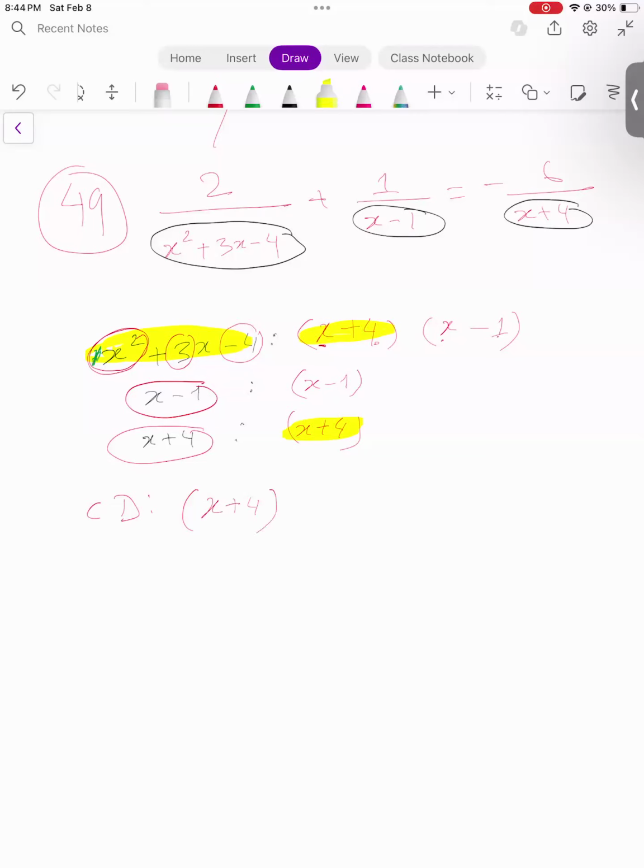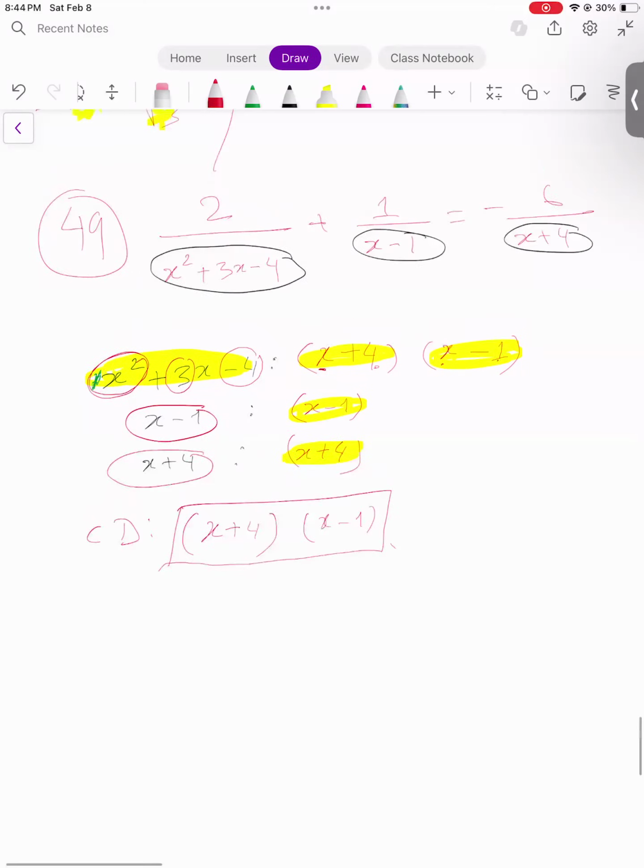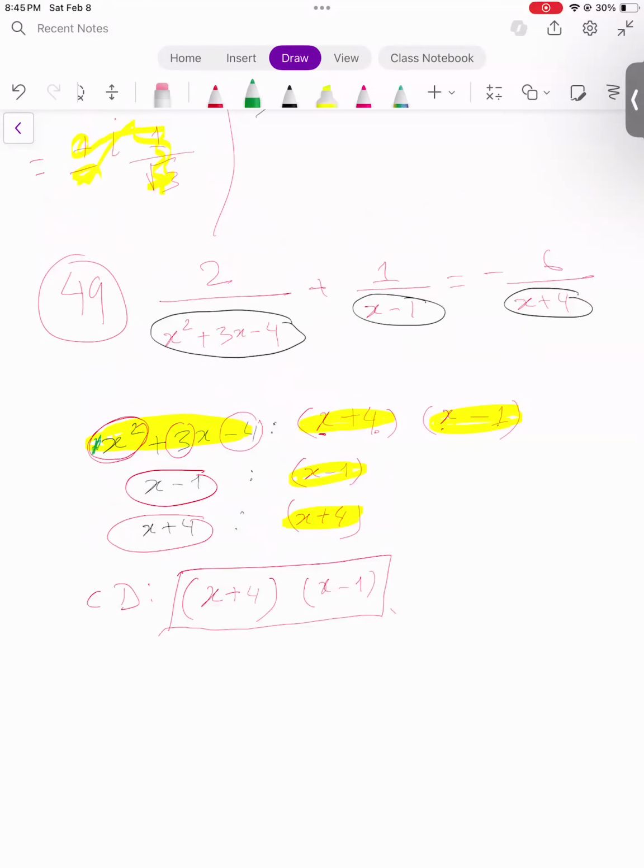Now, do we have any more common? So we have x minus 1 common. Now we don't have any more factors. So this is our common denominator. Now we use this common denominator to multiply every expression. So this expression, this expression, this expression.